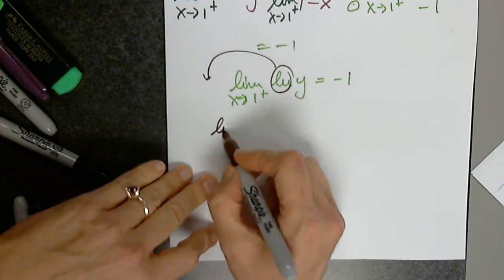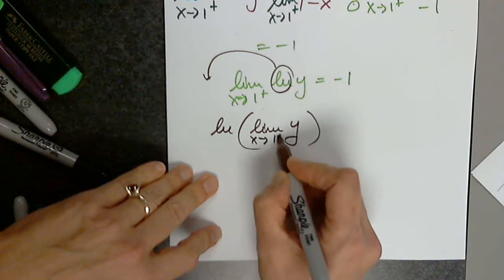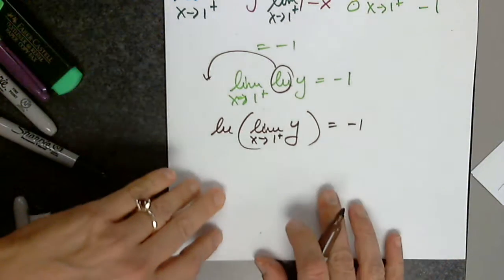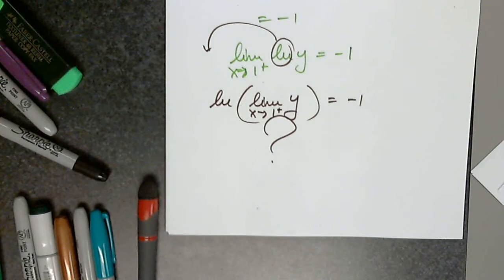So then natural log of the limit of y as x approaches 1 from the right is negative 1. Now the question is, what is this? Natural log of what will be negative 1? Let's talk about what is the natural log of what is 1 first, and then we'll figure out what negative 1 would be.